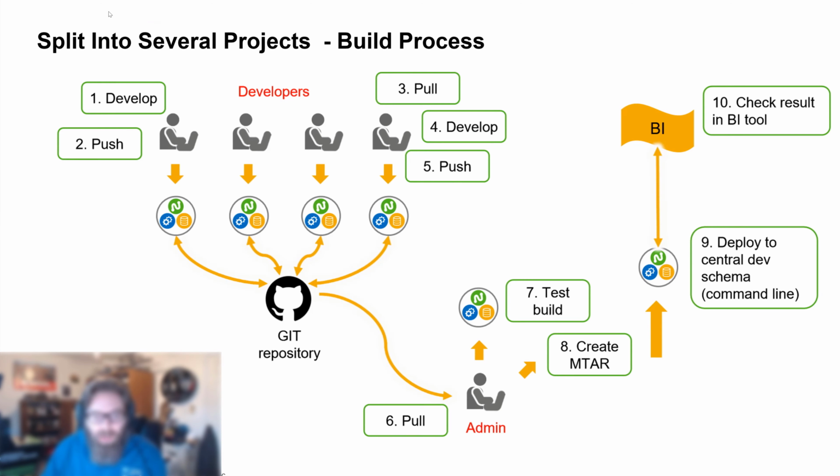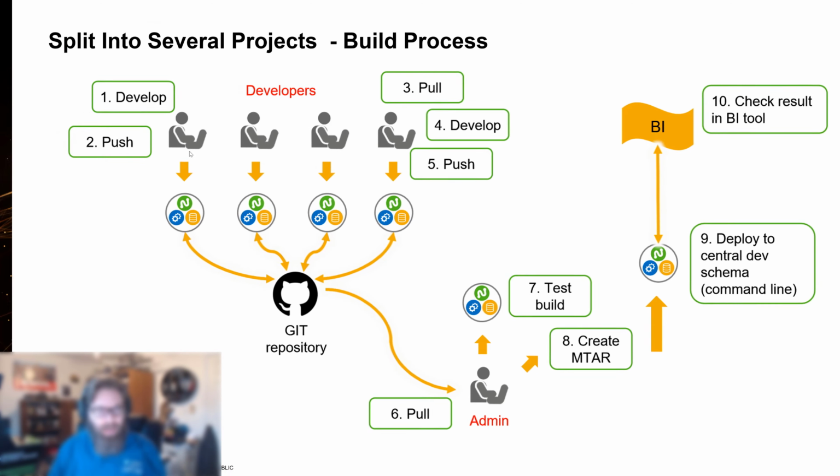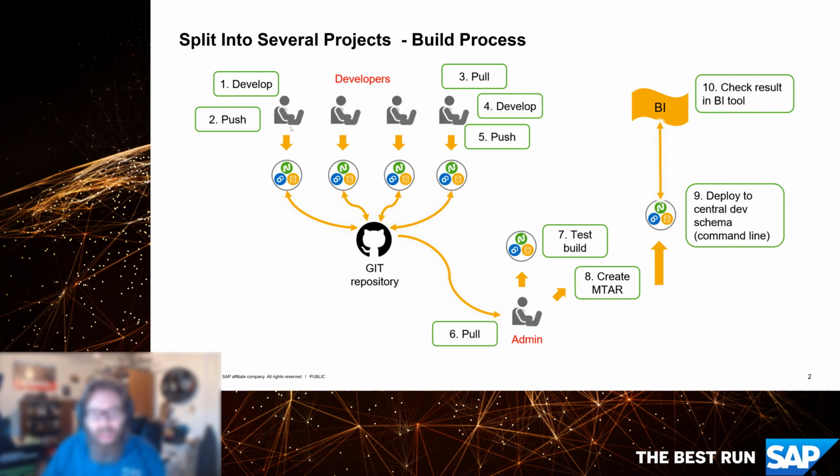And to that end, what we see here is individual developers can work in parallel, and they're all syncing their code via Git. It might be that at the end of one developer's work, they're not building the mtar file like I showed you in the web IDE. They're probably just pushing their code back to Git, so it can then be consolidated with multiple developers. And it's usually some sort of admin, the development manager. At SAP, we often call this the QA manager.